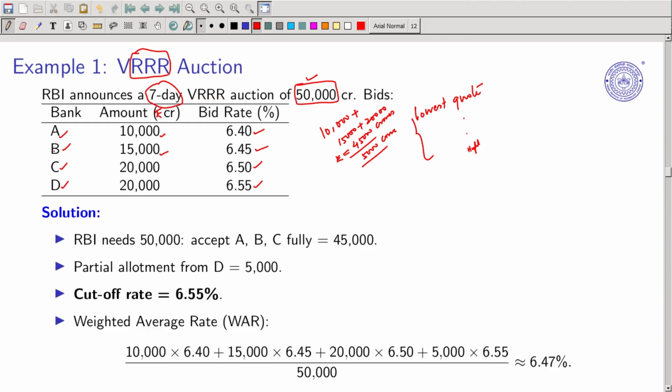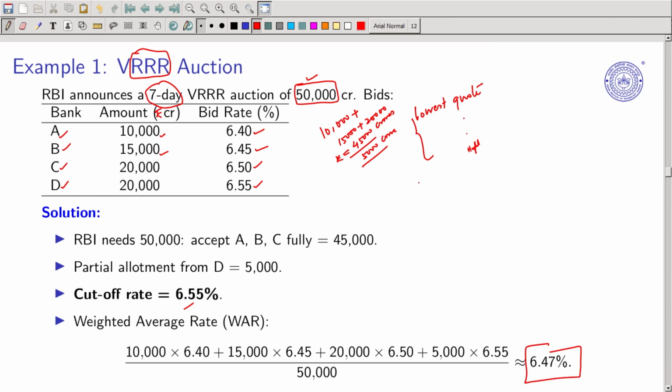So, the cutoff rate for this is 6.55, which is the highest, and you can see the weighted average if you multiply with the exposure, the amount that they are having. So, 10,000 into 6.40 plus 15,000 into 6.45 plus 20,000 into 6.50 plus 5,000 into 6.55, upon 50,000. It comes out to be 6.47%.